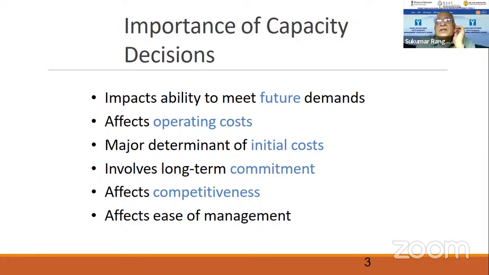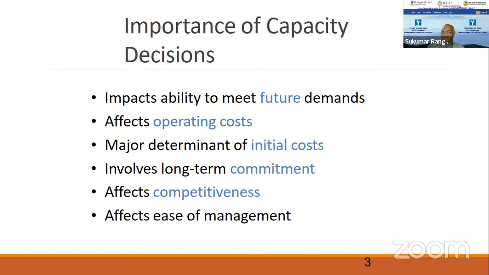Now, there is always a lag between the two, because you have not done the prediction of the demand, or you are not able to create the facility to produce for that demand, as we talked about in the case of oxygen, which was needed especially during the second phase of COVID. Now we have enough capacity.